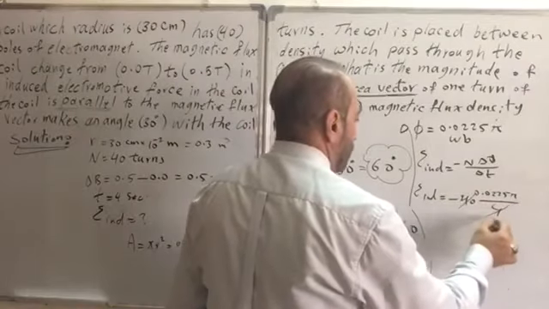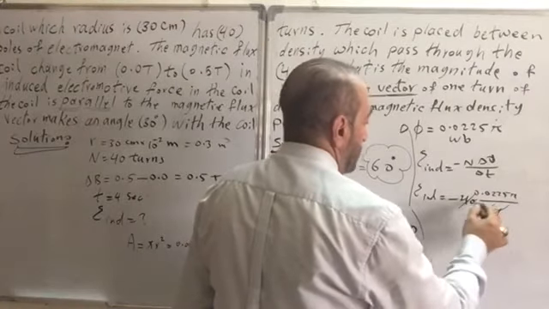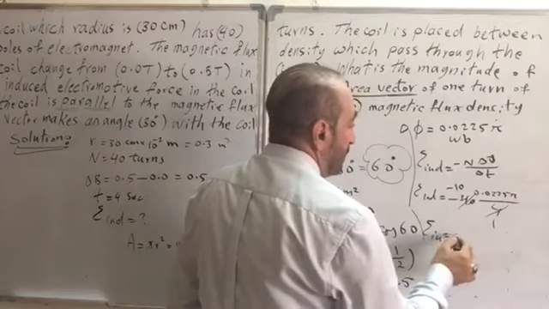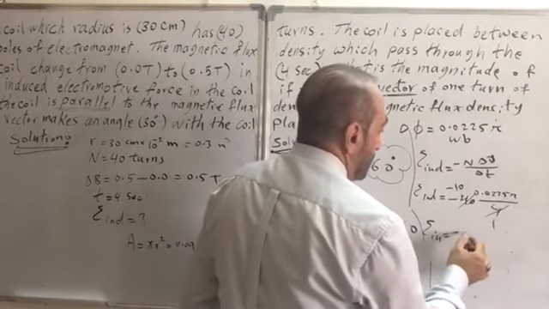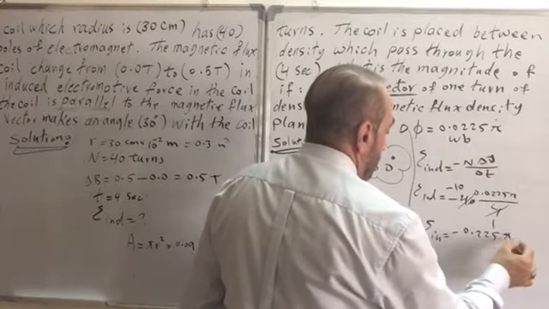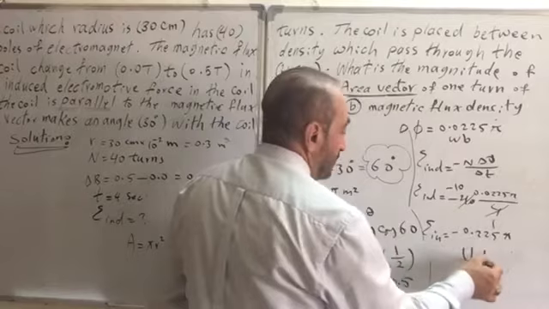Now we simplify between numerator and denominator, and E induced equal minus 0.225 pi, and the unit is volt.